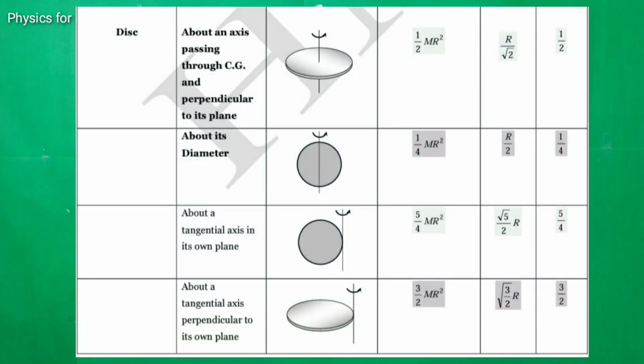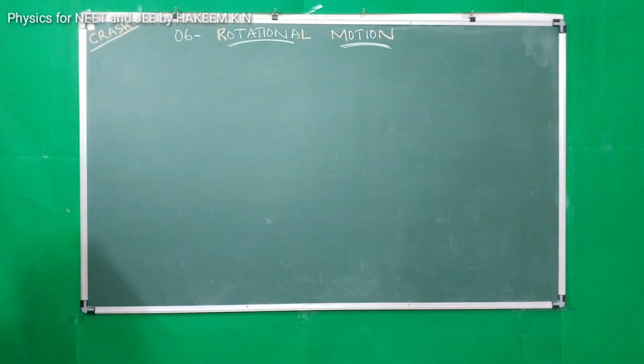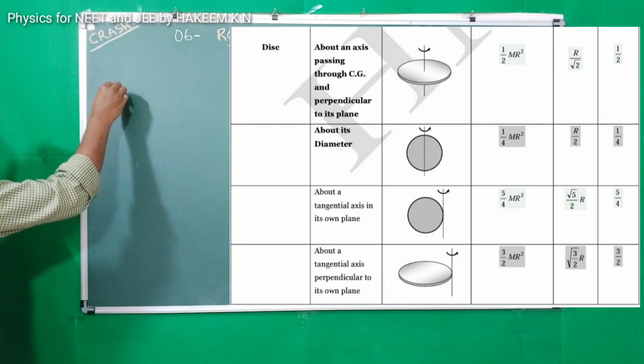Now you are seeing on the board the moment of inertia of a disk about various axes. The first is about an axis passing through the center of gravity and perpendicular to the plane. That moment of inertia is Mr square by 2, or half Mr square.